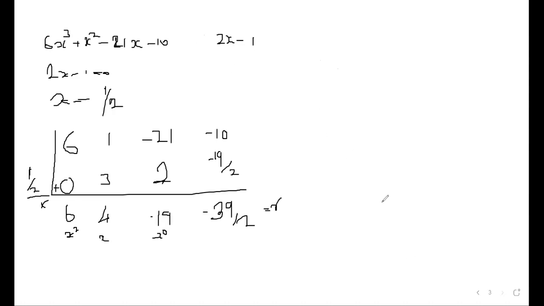And from the question, we are told to express this as x minus k, where k is this guy, times qx plus r, where qx is the quotient and r is the remainder.